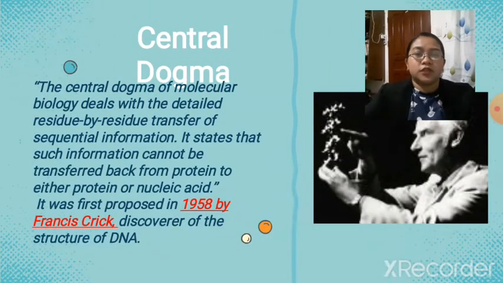According to Francis Crick in 1958, a discoverer of the structure of DNA, the central dogma of molecular biology deals with the detailed residue-by-residue transfer of sequential information, and it states that such information cannot be transferred back from protein to either protein or nucleic acid.